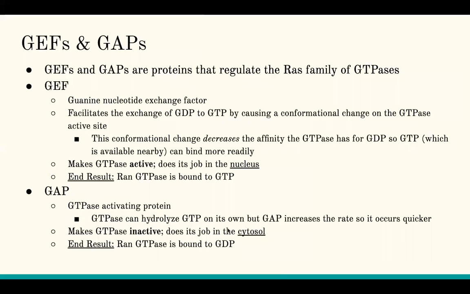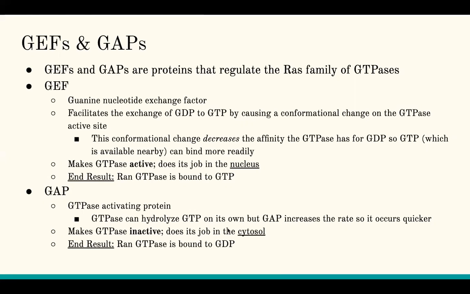This is found in the nucleus, and GEF's job is to bind to RAN and change its affinity for GDP so that RAN can bind to GTP. So your end result from GEF is that you have your RAN GTPase bound to GTP. So it's assisting RAN GTPase in dissociating away from that GDP because it's decreasing its affinity for GDP.